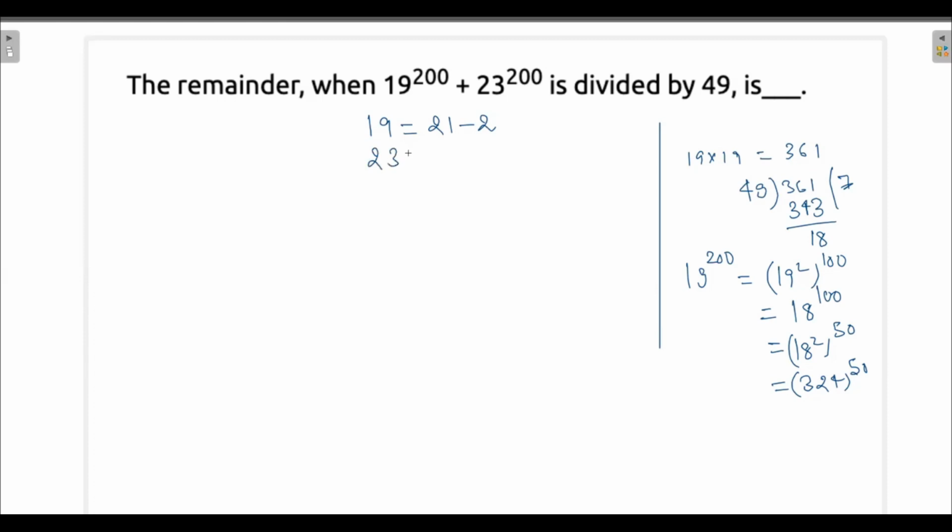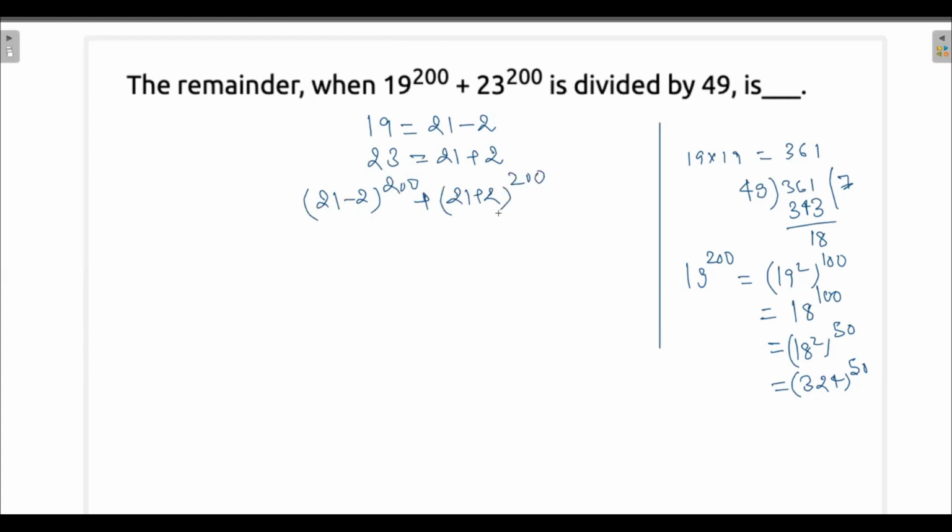Similarly, 23 could be written as 21 plus 2. So this expression could be written as 21 minus 2 to the power 200 plus 21 plus 2 raised to the power 200.